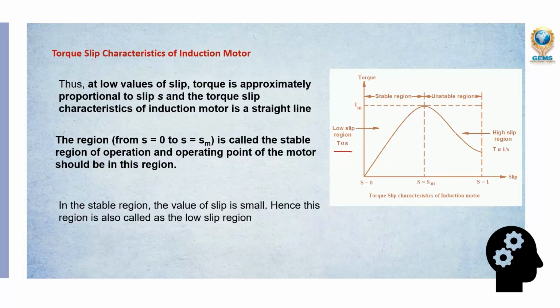So this looks like a straight line in the stable region, or otherwise the low slip region, and the slip value also will be small. That's why we call this the low slip region.